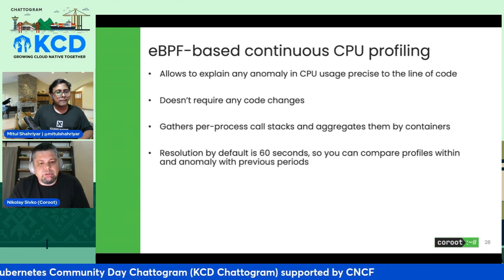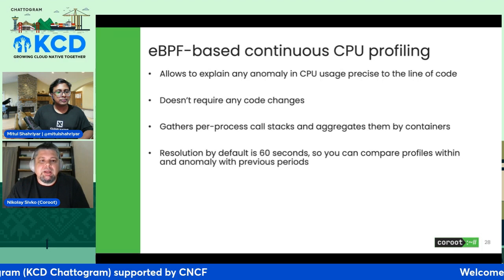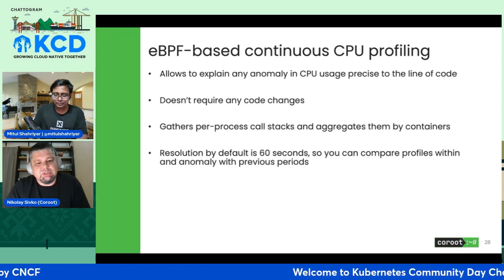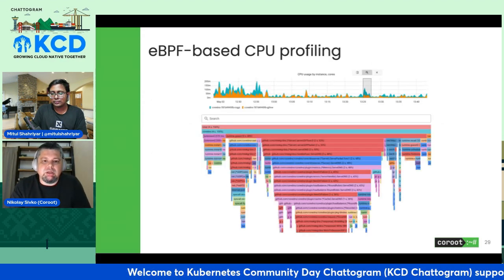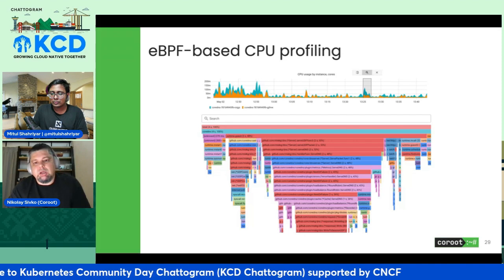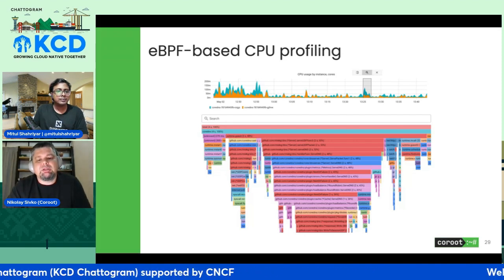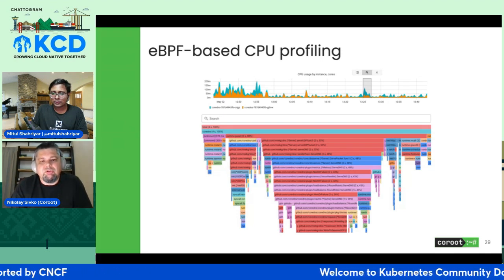Our agent collects stack traces of each running process on the node, and it can understand the stack, and it can provide us with flame graphs. So you can select any CPU anomaly and explain it precise to the line of code.